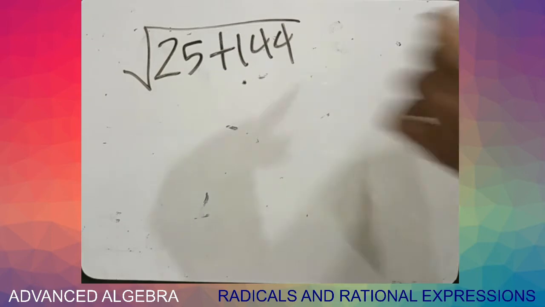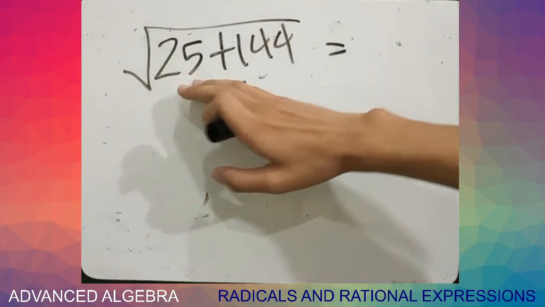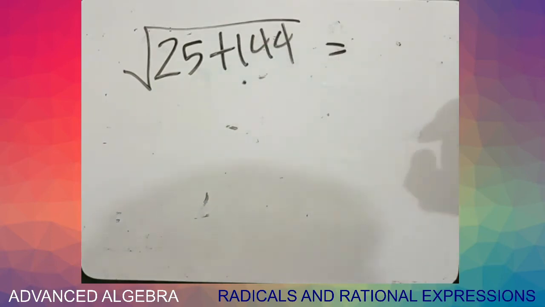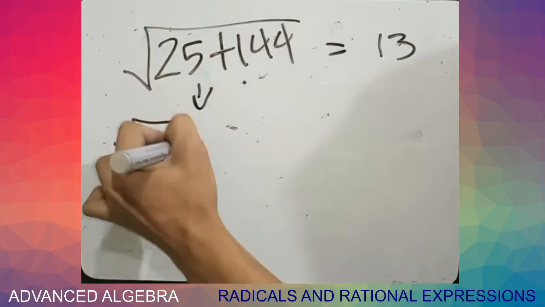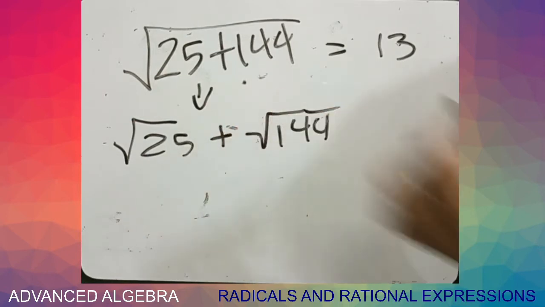So yung kanina sagot natin ay ano nga yung sagot natin kanina? 13, di ba? Kasi the square root of 169 is 13. Okay. So try natin. So labagin natin yung PEMDAS. So try natin kung ganun pa rin yung sagot. Okay? So transform natin siya the square root of 25 plus the square root of 144.